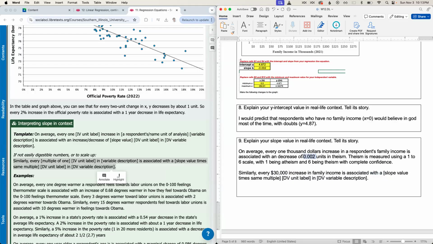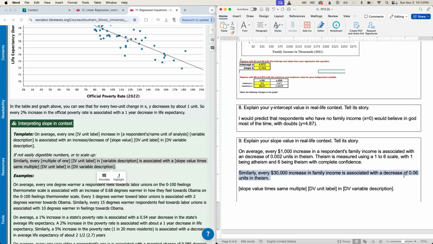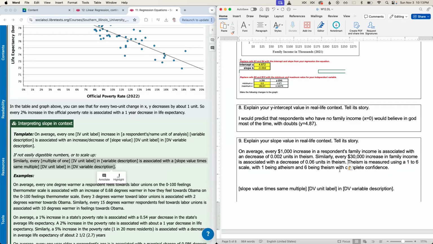Before it was one unit, which was $1,000, and now it's 30 of them. So this is 30 times as much. So I'm going to multiply that slope by 30. So it's a decrease of 0.6 units in theism. All right, and I'm just going to put that in right here.